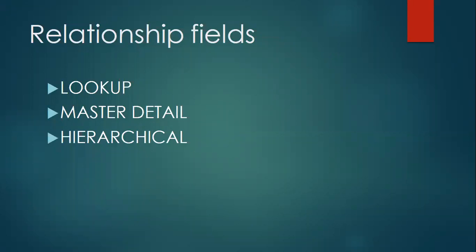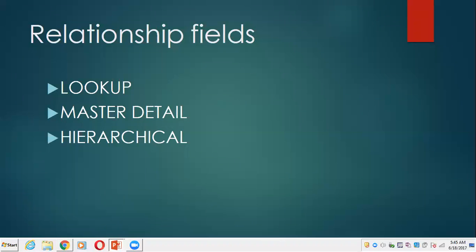But that is not the case in a master detail relationship. If you delete the master, the child will automatically get deleted. The child cannot have independent permissions and sharing rules. All those rules will be passed down by its master. So it's like a hierarchy. It's inheriting the roles and responsibilities provided to the master record.